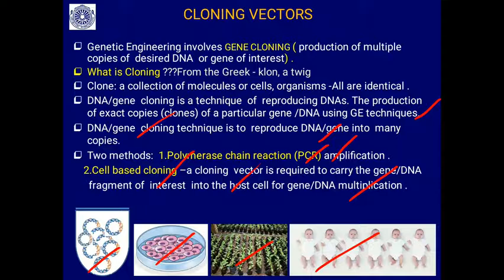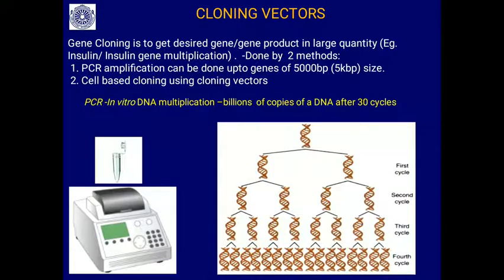So, this is the cloning vector. Gene cloning is done to get a desired gene or gene product in large quantity. For example, the insulin gene is inserted into the cloning vector, then it is inserted into a prokaryote or bacterium, and the bacterium will multiply and produce insulin in a bioreactor, which can be separated or purified.